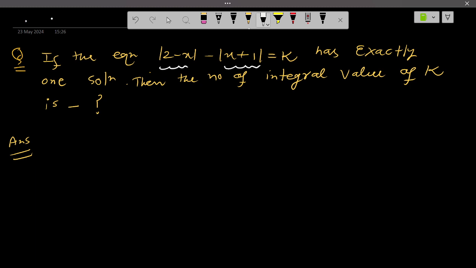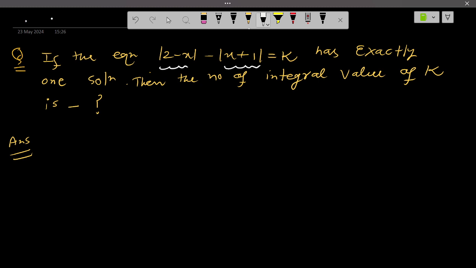So what's the idea? You need to understand, or take away, what's the trick. Whenever this kind of question or many other kinds of questions come, if you are thinking that it is very difficult to solve normally, the best possible answer is with the help of a graph.